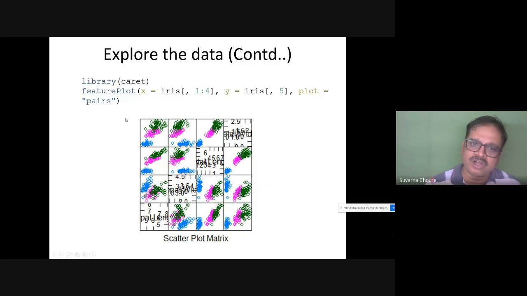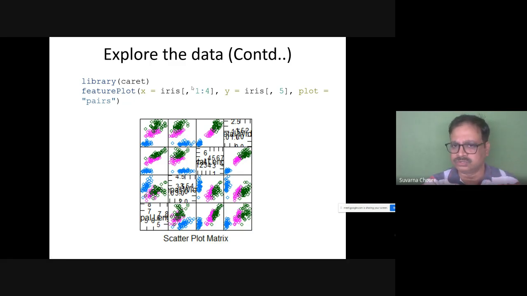Here, this featurePlot function is coming from caret. In this function, first is the x-axis. On the x-axis, we are using the 4 numeric variables of iris. This square bracket is for subsetting. The iris data set is there, and I want to subset columns 1 to 4. Before this comma, a row number can be specified, but I don't want to specify any row.